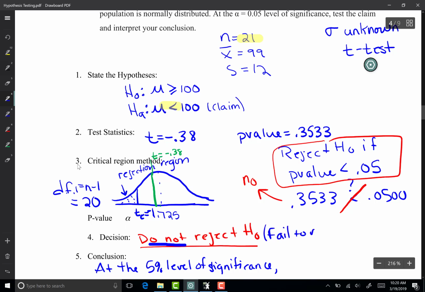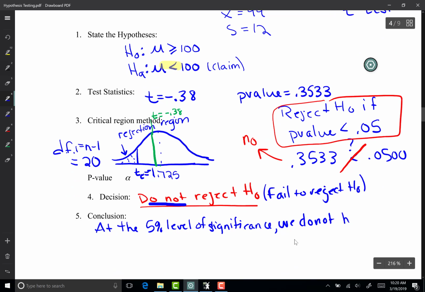This means the same thing. I use the words do not reject just because my no's all go together here. No, it was not less than. No, it did not fall in the rejection region, so I do not reject. When I do not reject, then we do not have enough statistical evidence. If we rejected, we do.